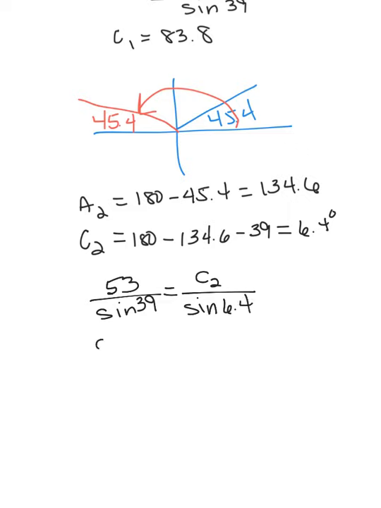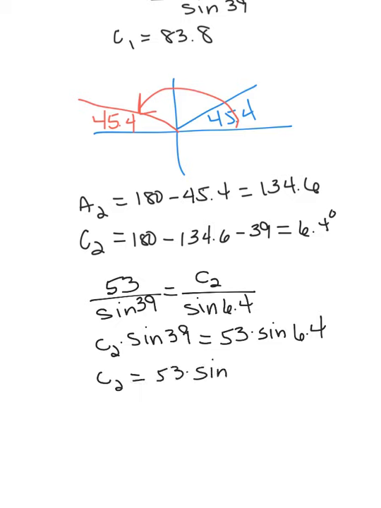Cross multiply, you get side C2 times the sine of 39 equals 53 times the sine of 6.4, divide. You get C2 equals 53 times the sine of 6.4 divided by the sine of 39. So side C2 must be 9.4.